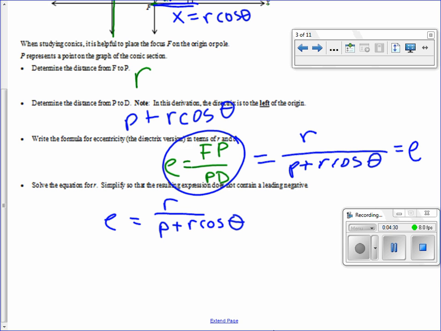And we are going to solve the equation for R. So right now we're going to show off all of our algebra skills and solve this equation for R. So first things first, I have a denominator. So I'm going to multiply both sides of the equation by the denominator.